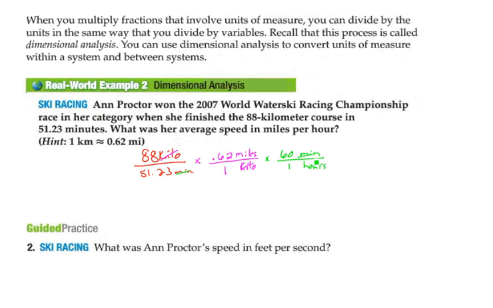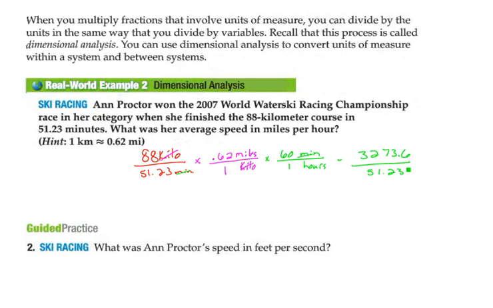Now we just have to do a little bit of math. We're going to multiply our numerator straight across. So 88 times 62/100 times 60. And I got something really big, which is 3273.6. And then again, we're going to divide that by 5123 times 1 times 1, which is 5123.